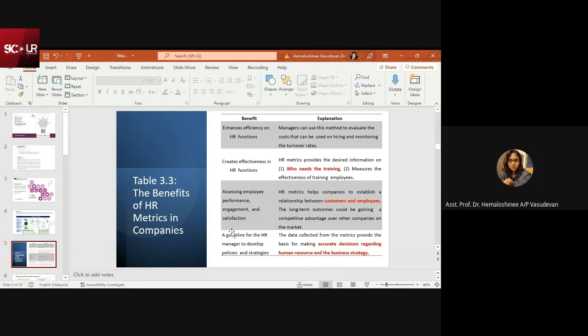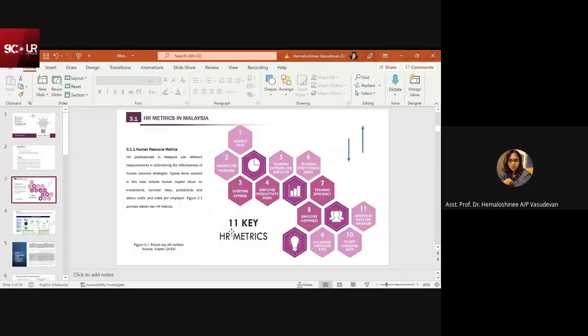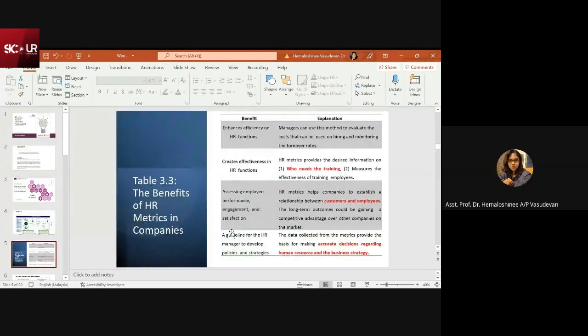They have to look into the absence rate, the absence per manager, the manager's role, and overtime expenses. So from there, they can cover the cost of the company. They will be able to minimize the cost and try to minimize the turnover rate, everything. That is the reason HR should have the metrics.